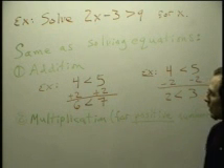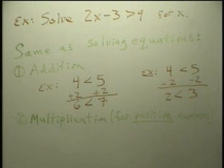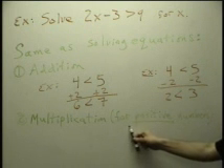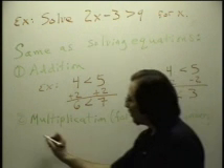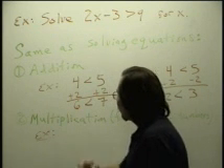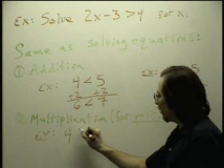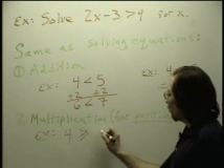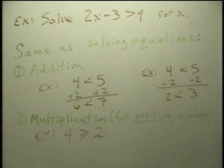The second thing that's the same is if we multiply and also divide, because multiplying and dividing are essentially the same. But that is only true if we're multiplying or dividing by a positive number. So, for example, if I have 4 is greater than or equal to 2, that's a true statement.